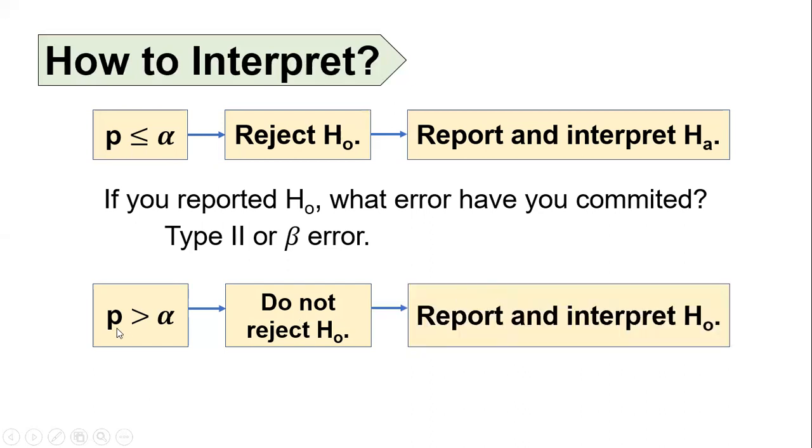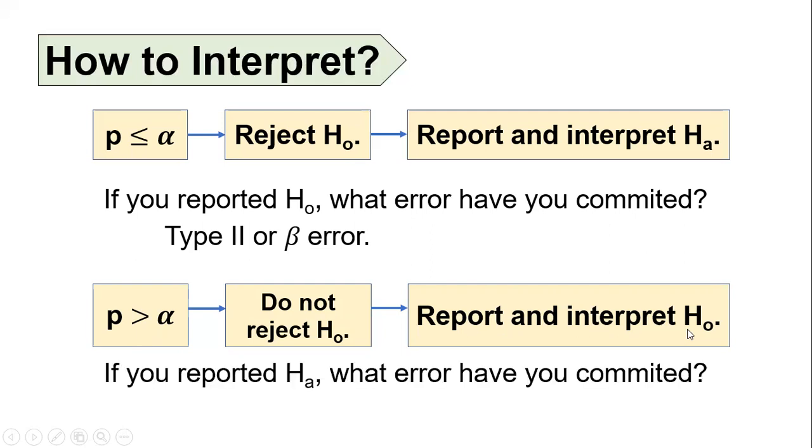So if p is greater than alpha, you have to report and interpret the null hypothesis. For this case, if you reported the alternative instead of the null, what error have you committed? You committed a type 1 or alpha error. So you have to be very careful. Alpha error is also the other term for type 1 error.